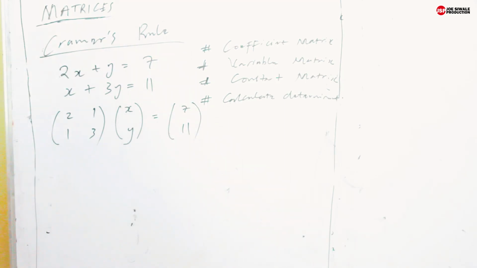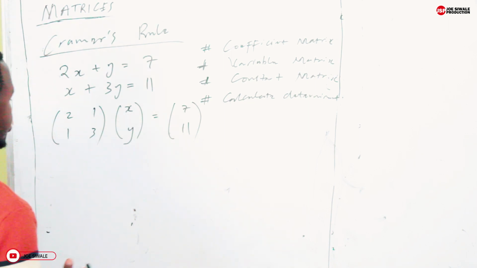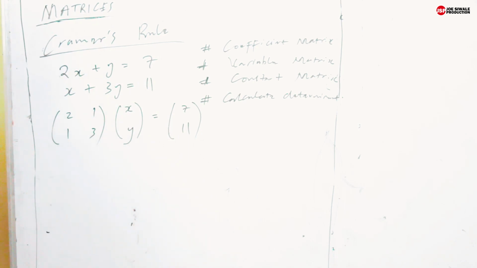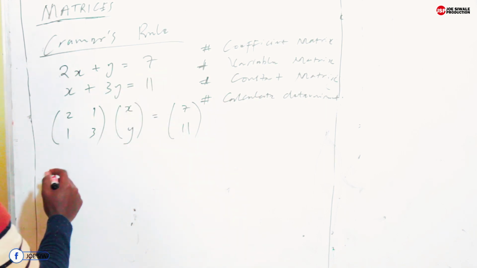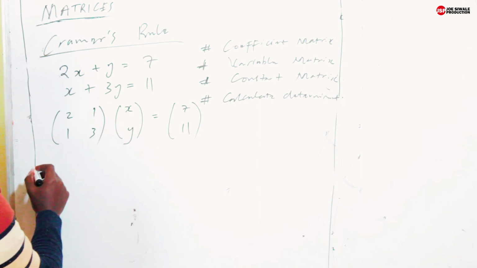So for us to find our x variable, the first thing that we're going to do is to calculate the determinant of our coefficient matrix.